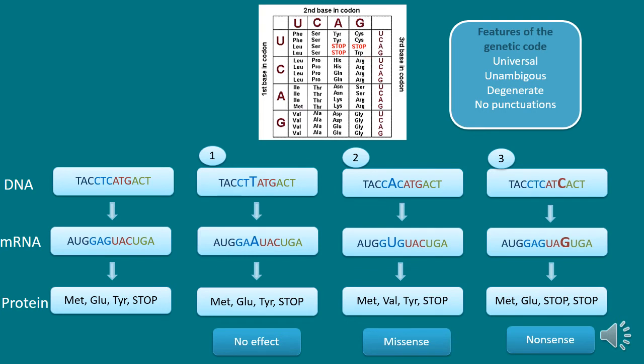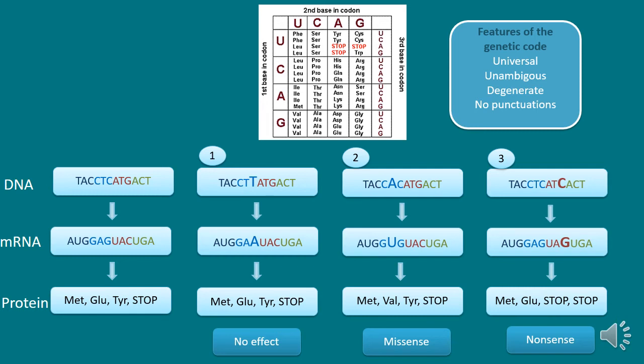Instead, it will give the signal to stop the protein synthesis as it is a stop codon. So when this gene is expressed, it will produce a tripeptide containing methionine, glutamate and tyrosine.